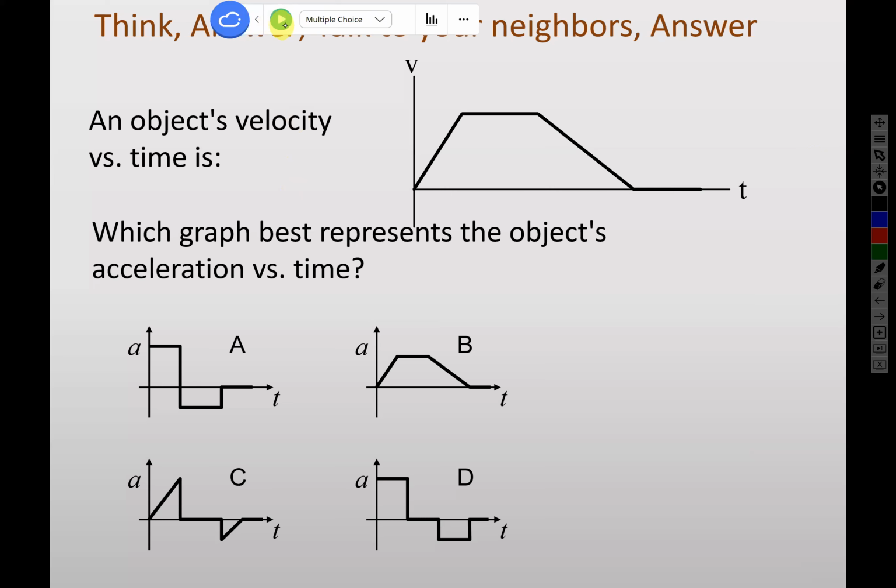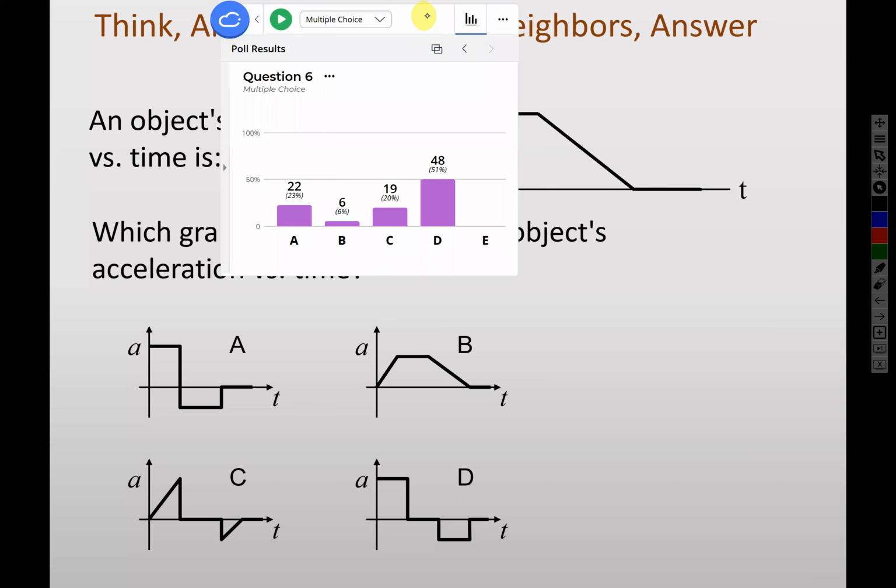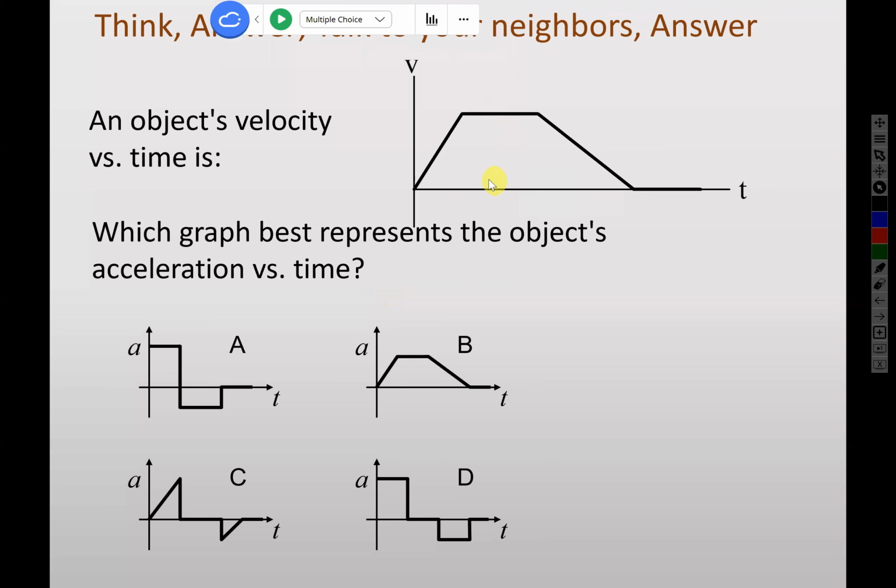Okay. Now, let's see what we got. Mostly D, but there are quite a few of A and C as well. Okay. So let's talk a little bit about it.